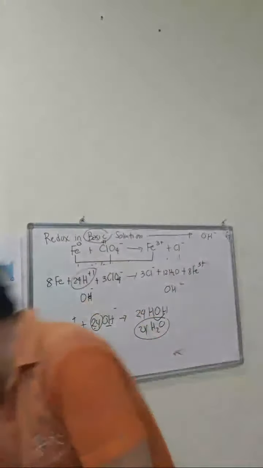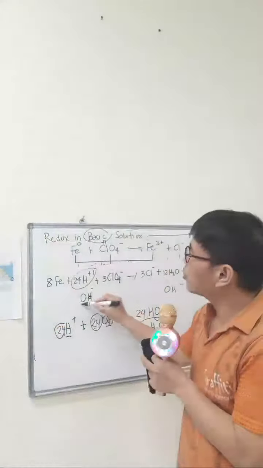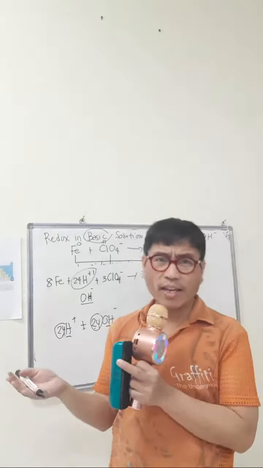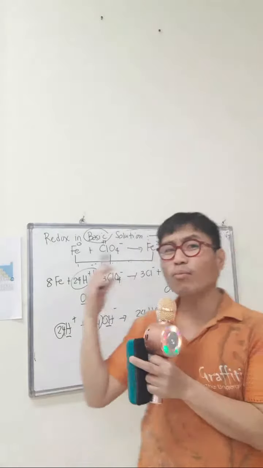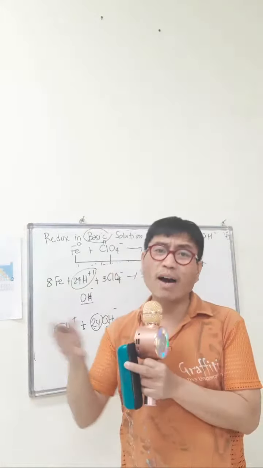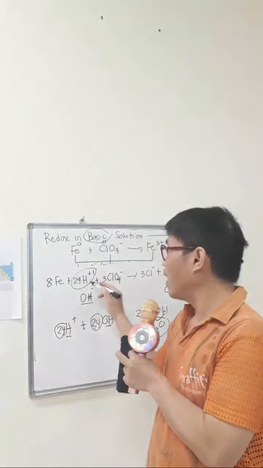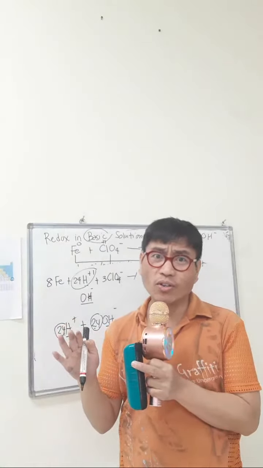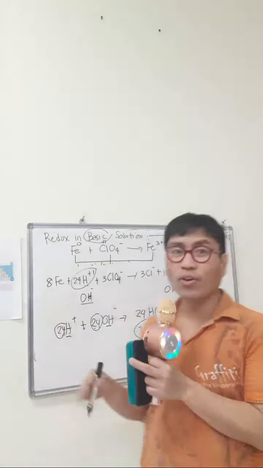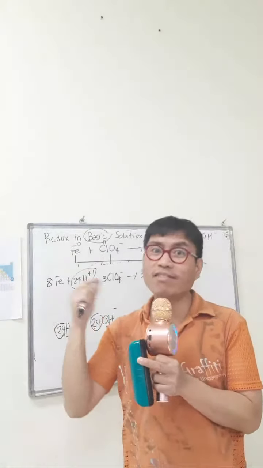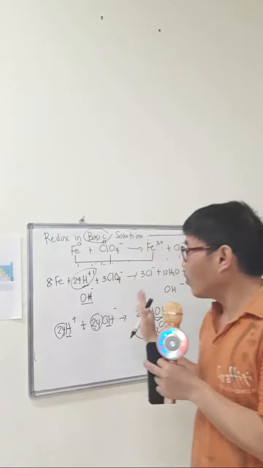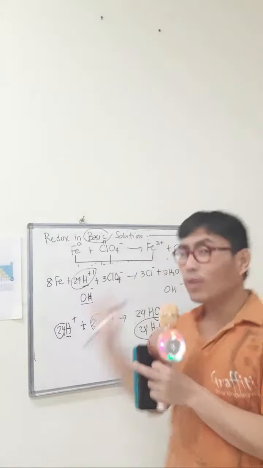And if you add only OH, it will not become water. Why? Because you need 24 moles of hydroxide to balance the 24 moles of hydrogen positive one to turn it completely to water, or else it will never become water if the number of moles is not the same as H plus. That's why you add the same number of moles as H plus.